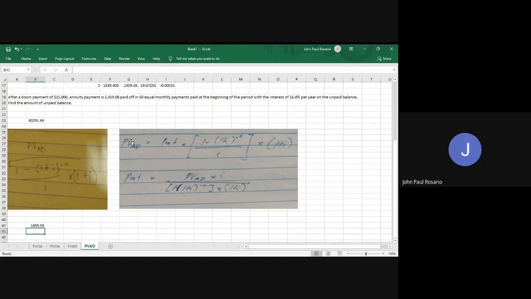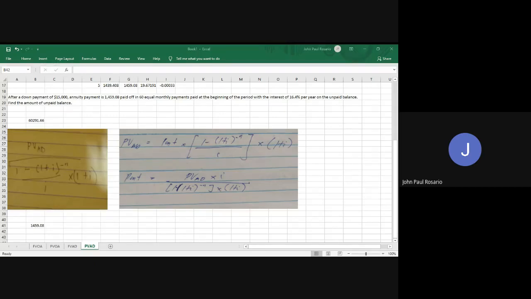Okay, very good. Now, what if the problem is asking for n? How would you solve it? Let's try to derive it. So n is the unknown.